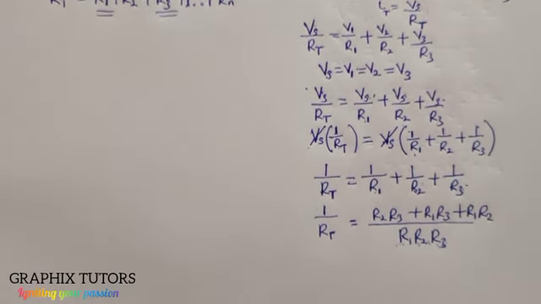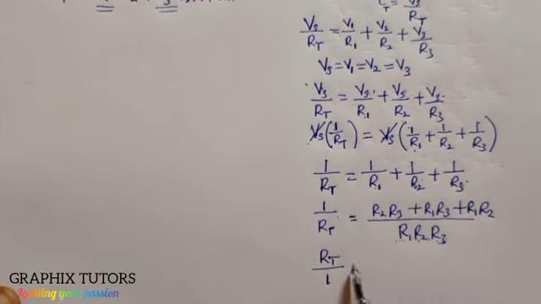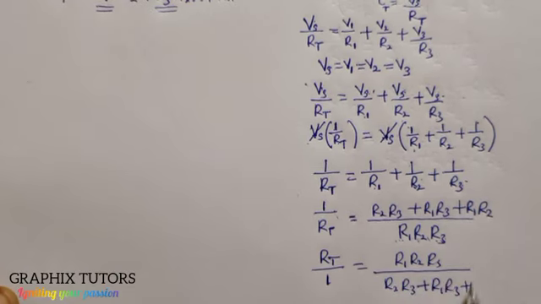Now, some people cross multiply, but what I would simply do is this: if I invert the left hand side, I must invert the right hand side. So R total over 1 will be R1, R2, R3 all over R2, R3 plus R1, R3 plus R1, R2.